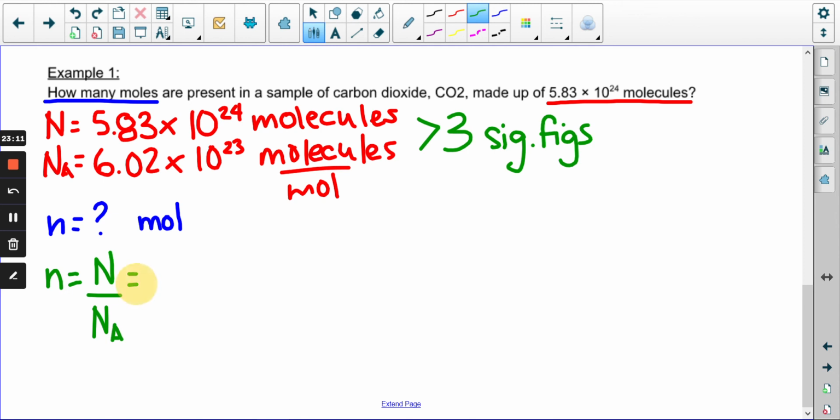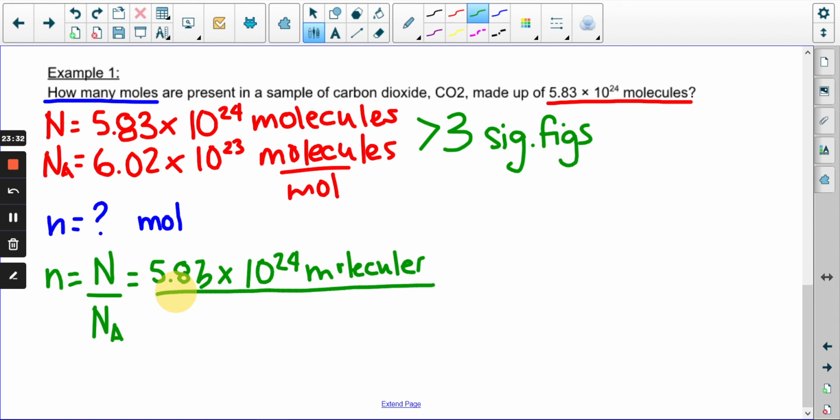I'm going to plug in the values that I know, just from what we wrote at the top. Again, it's not totally necessary, but I like to include it because later on it does make some parts easier.